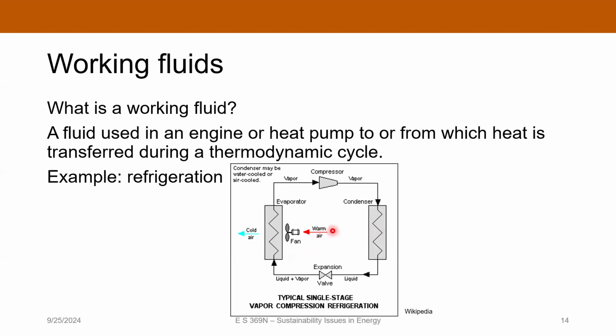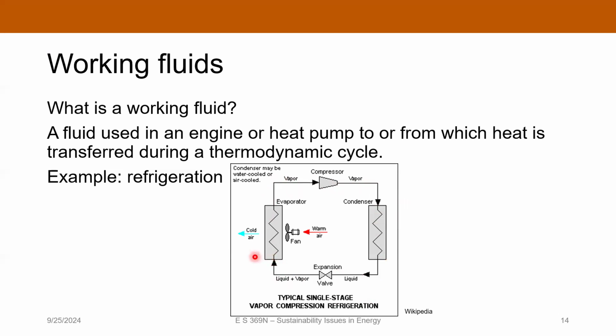The way the refrigerator works is you blow warm air across an evaporator coil, which has a working fluid in it. And what that does is it causes that fluid to evaporate, which takes up heat. And so you have cold air come out the other side. And then you run it through a compressor and through a condenser, which exchanges that heat back out. And so you run this whole cycle here.